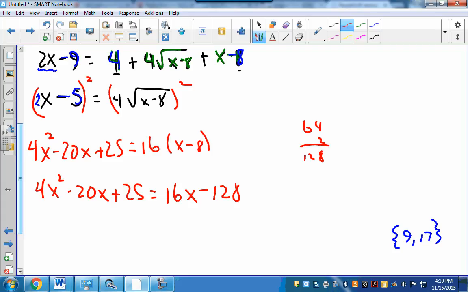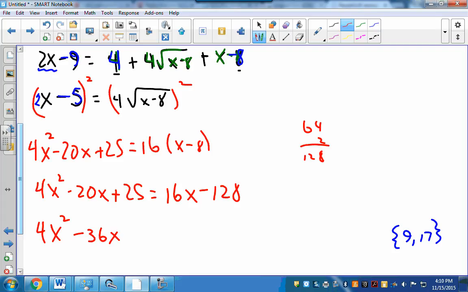So 4x squared, we're going to subtract 16x from both sides, so that's minus 36x. And then we're going to add that to both sides.